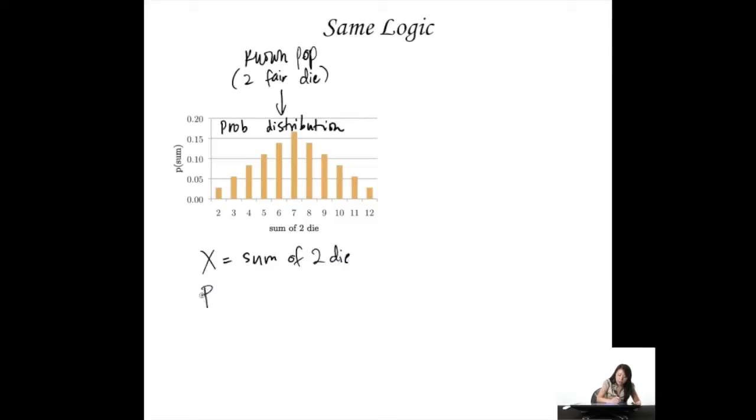We also generated all these probabilities for each sum. And each of these sums is discrete and countable. There's 11 of them, right? Ta-da!